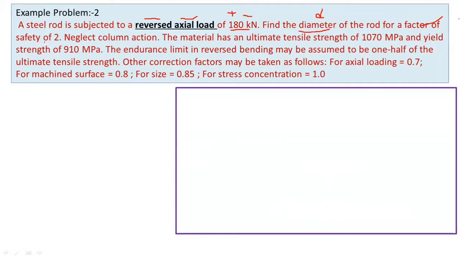Next, factor of safety Fs equal to 2, ultimate strength sigma u equal to 1070, and yield strength sigma y equal to 910. Endurance limit, sigma e, may be assumed to be 1/2 of the ultimate, that means sigma e equal to 0.5 sigma u.